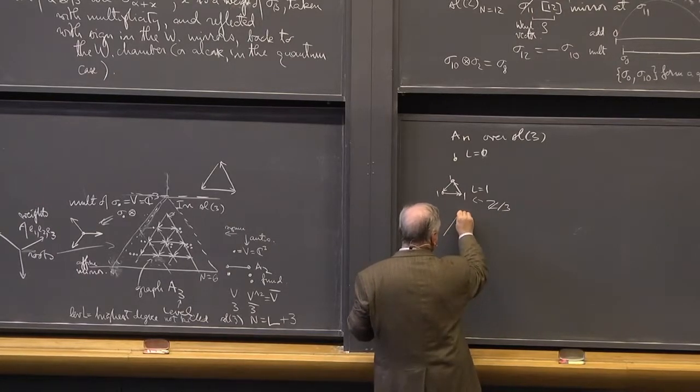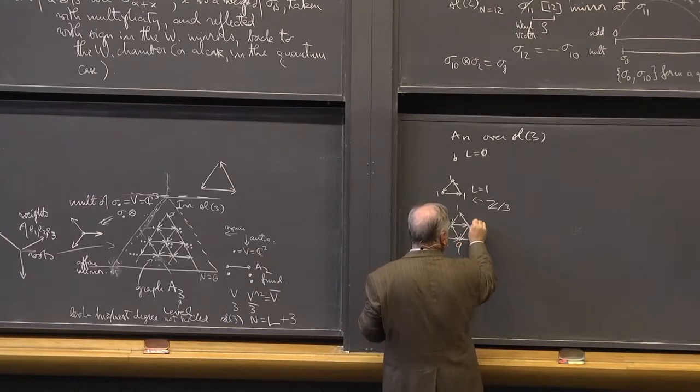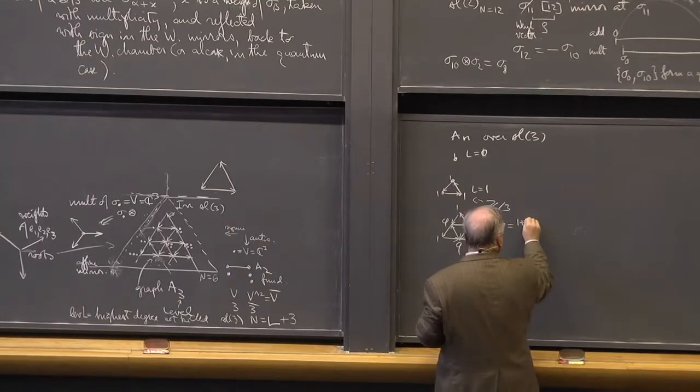And for L is equal to 2, we'll put here, the dimensions are 1, phi, 1 and phi. So phi is 1 plus root 5 over 2.